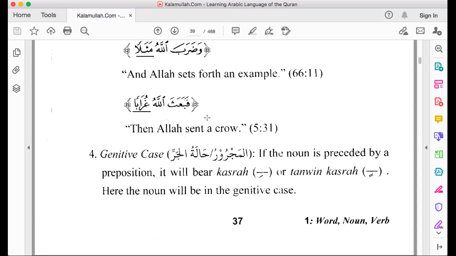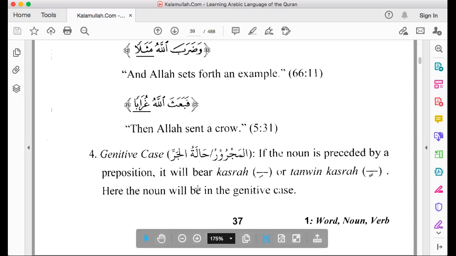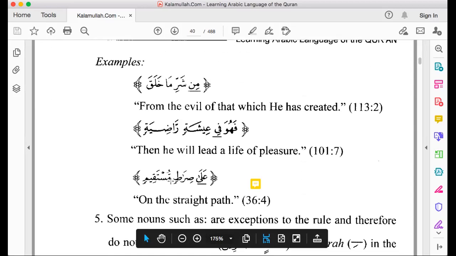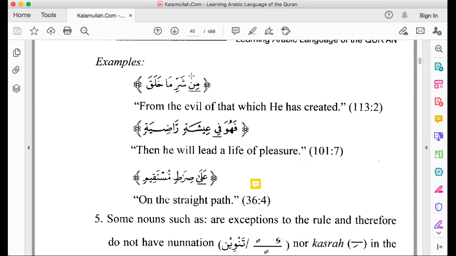Okay. Now let's look at the final case, which is the genitive case. It is majrur, halatul jarr. If the noun is preceded by a preposition, it will bear a kasra or a tanween kasra. It's called the genitive case. So let's look at some examples here. Min is a preposition.